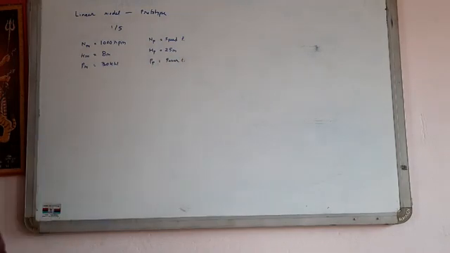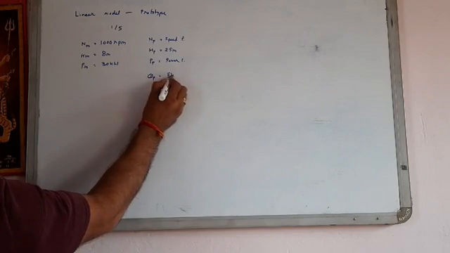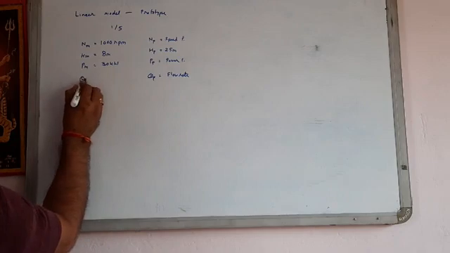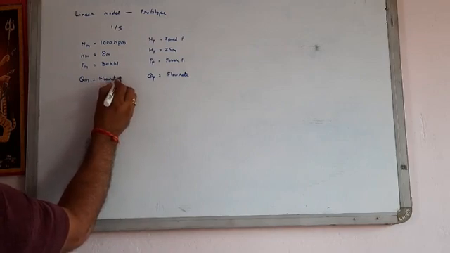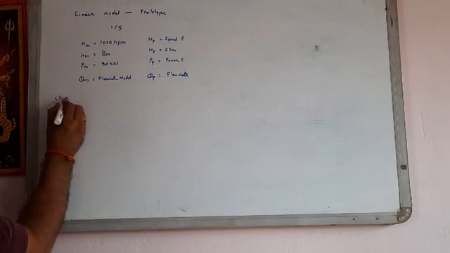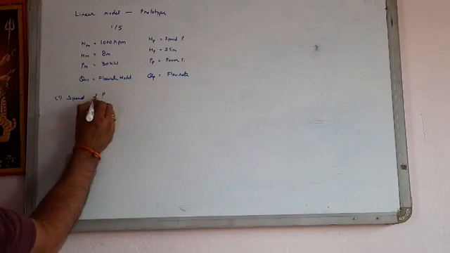QP is flow rate of prototype, and QM is flow rate of model. Now, speed of prototype.